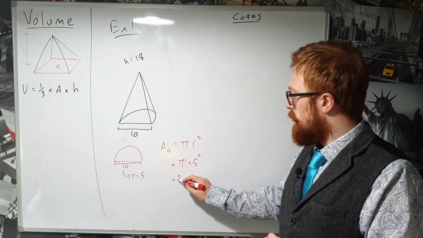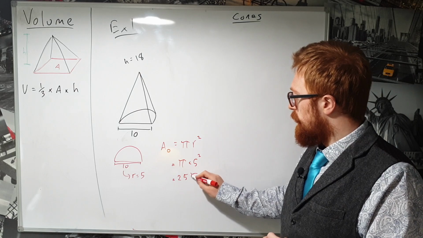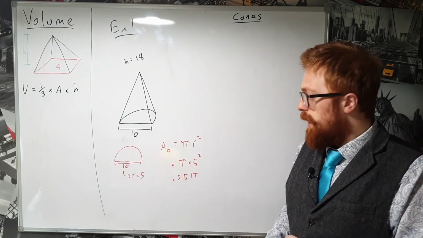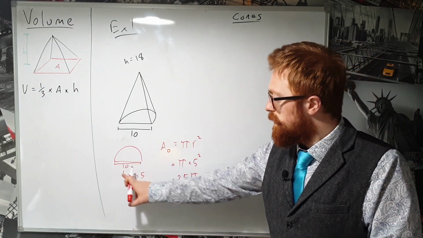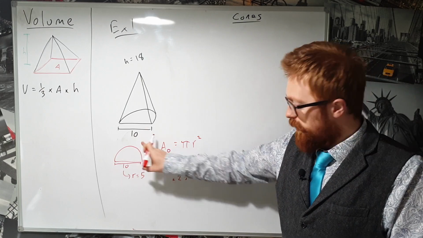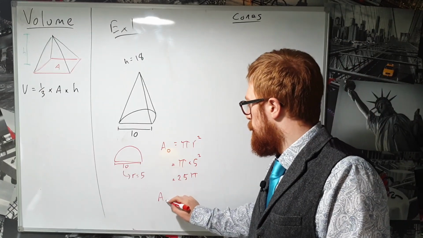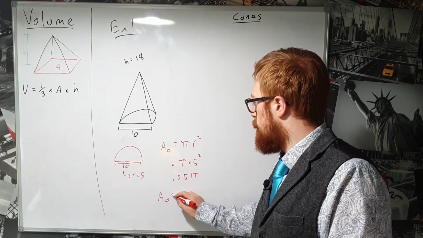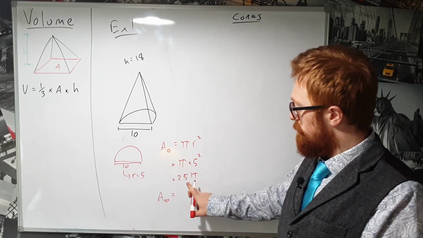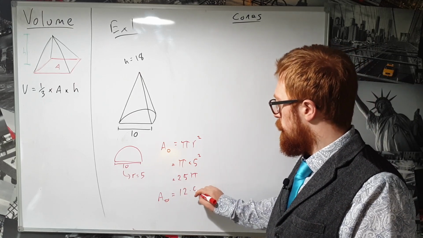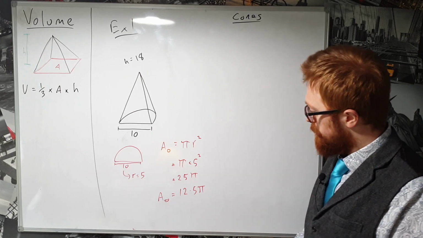5 squared is 25, so we get 25 pi. So that's the area if we had the full circle. We don't have the full circle, we only have half a circle. So the area of our semicircle is just a half of this, which is 12.5 pi.